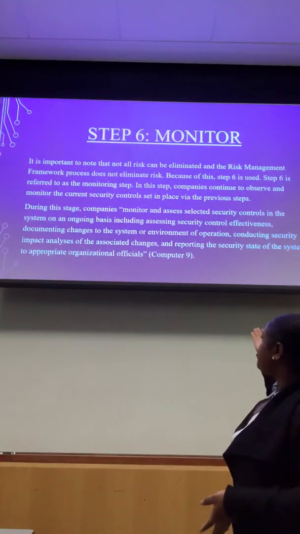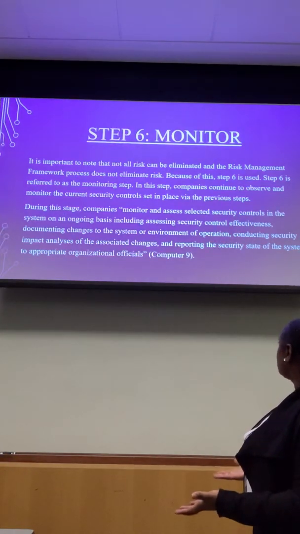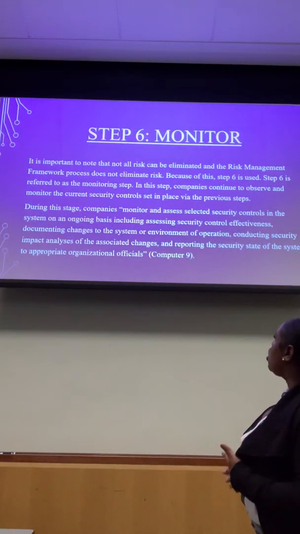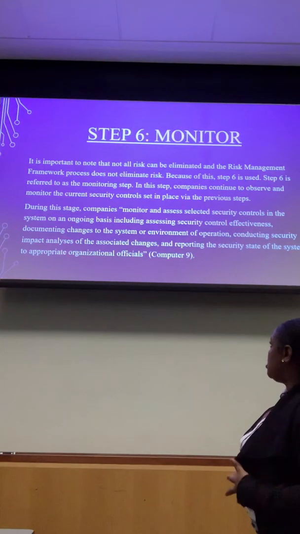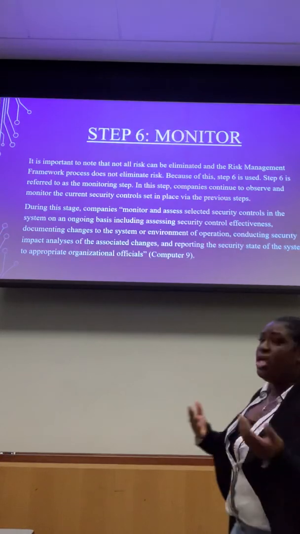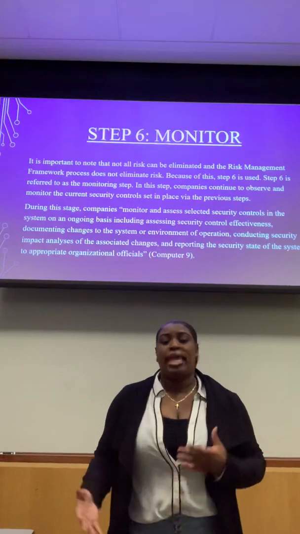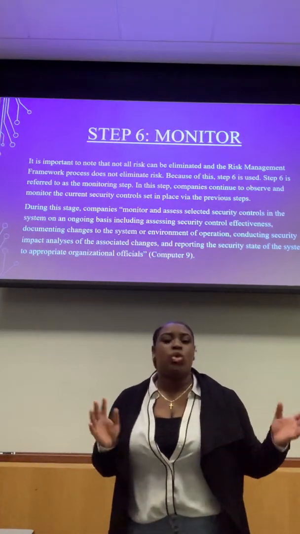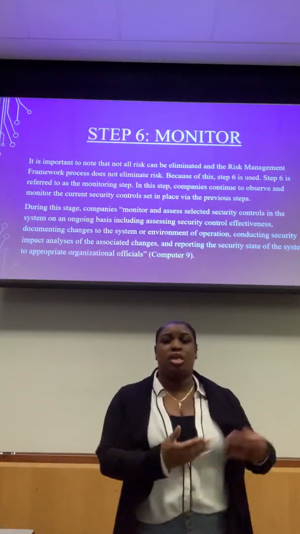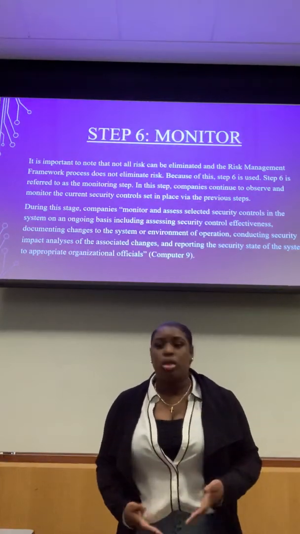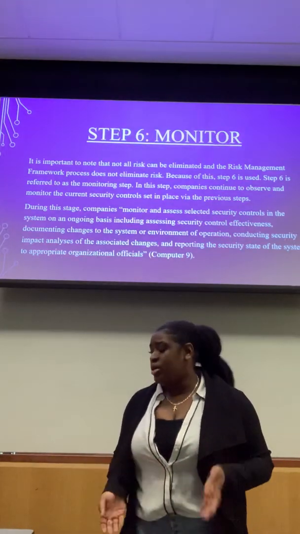So from the screen, during this stage, companies monitor and assess selective security controls in the system on an ongoing basis, including assessing security control effectiveness, documenting changes to the system or environment of operation, and so on and so forth. Just once again, the companies are just always watching their assets, always watching their movements of the staff and everyone that has anything dealing with the project that they have going on, just to make sure that it's safe away from any risk or incidents.